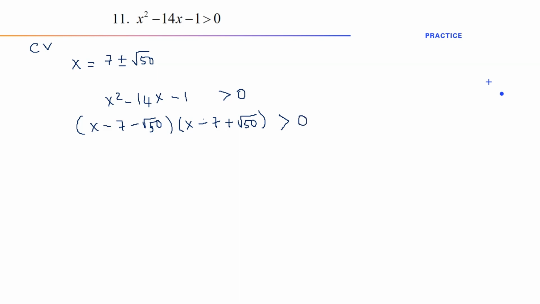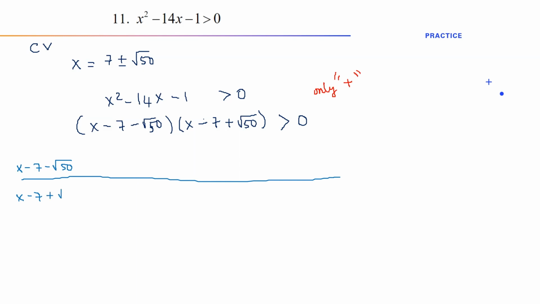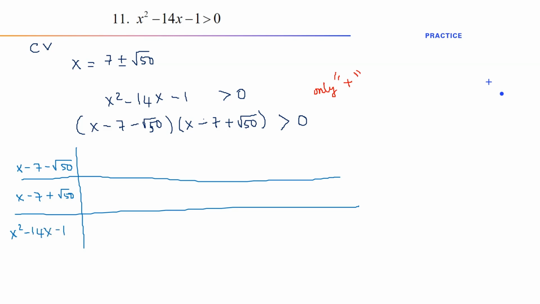The greater than 0 means we only want the positive region. So now we can make a chart, right? We'll make a chart with x minus 7 minus square root of 50, x minus 7 plus square root of 50, and then the result is x squared minus 14x minus 1.